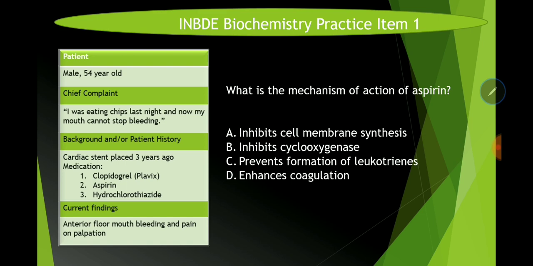A, does it inhibit cell membrane synthesis? B, does it inhibit cyclooxygenase? C, does it prevent formation of leukotrienes? D, does it enhance coagulation? You can think about the answer.